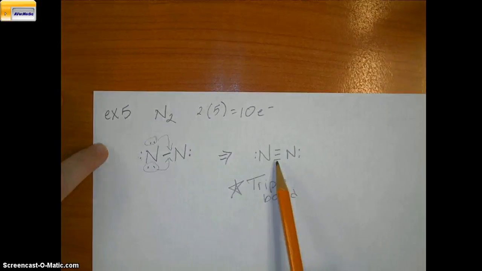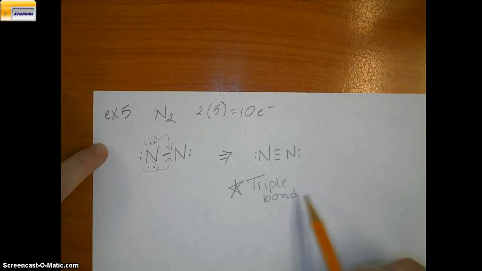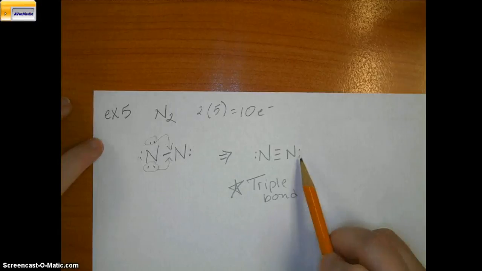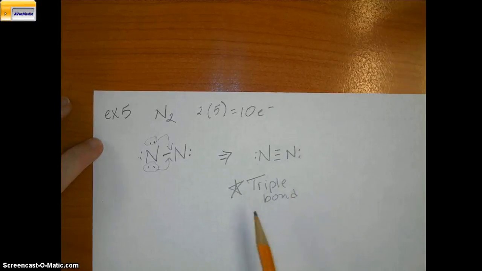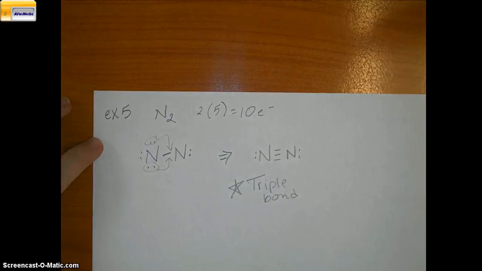A triple bond is 2, 4, 6 shared electrons between two atoms. The triple bond is going to be the strongest of the bonds because it's sharing the most electrons. So these two nitrogens share 6 electrons. They have a triple bond between them. They each have a lone pair, so each of them has 8, and we've used all 10 of our electrons.